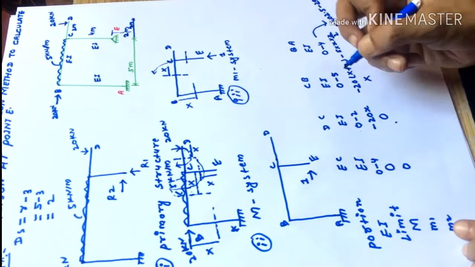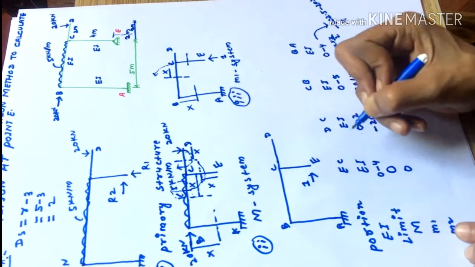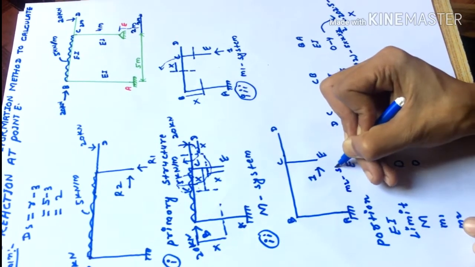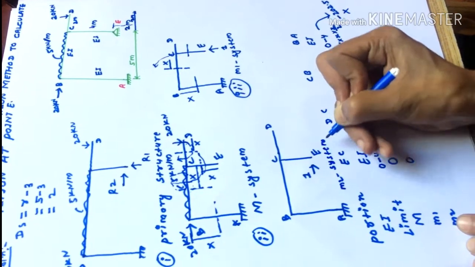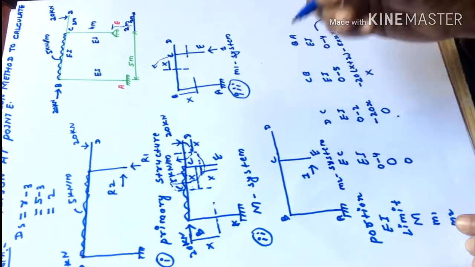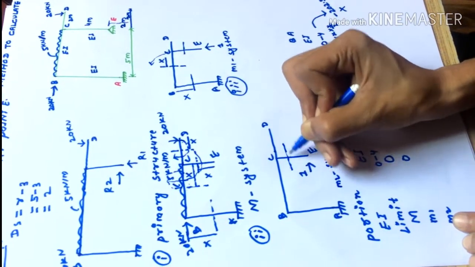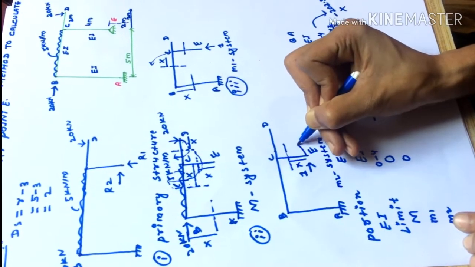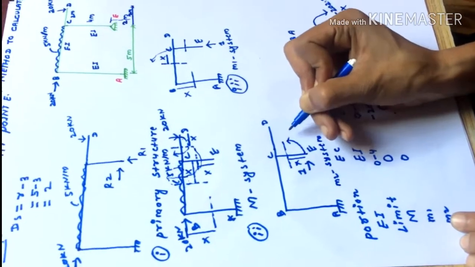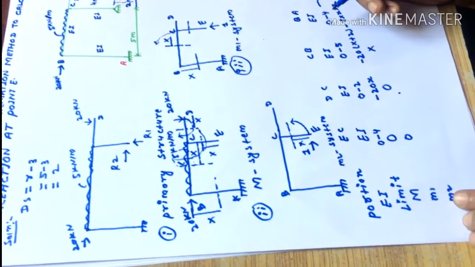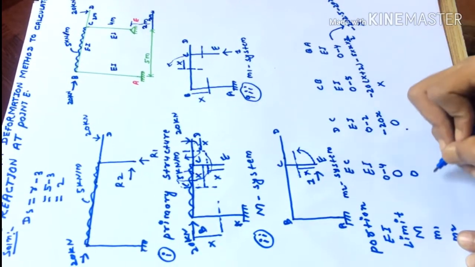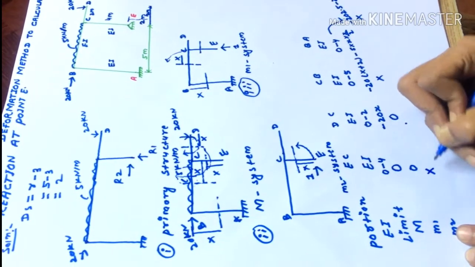So let us analyze the M2 system. In portion EC, let us take a section at a distance of x. We can see this unit force will rotate this section in anti-clockwise direction, and we know on moving from right to left, anti-clockwise is taken as positive, so take it as positive.